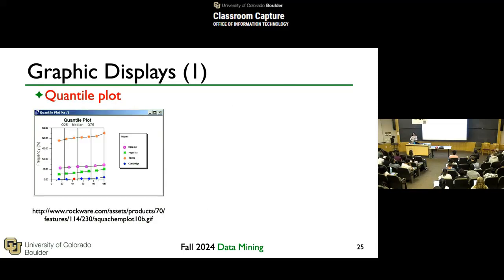Quantile plot. As we mentioned earlier, we talked about quartiles. Quartiles are only the 25th percentile, 50th, 75th. Quantile is basically divided by 100, so it's also called percentiles. When you have these quantile plots, same thing: you can take the different values and show the quantiles.